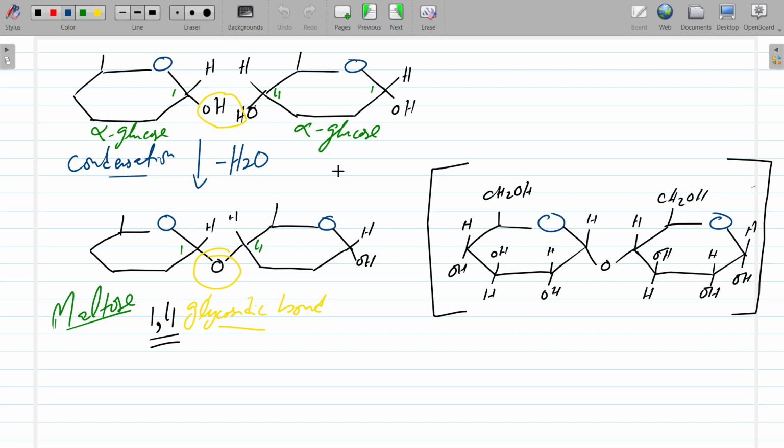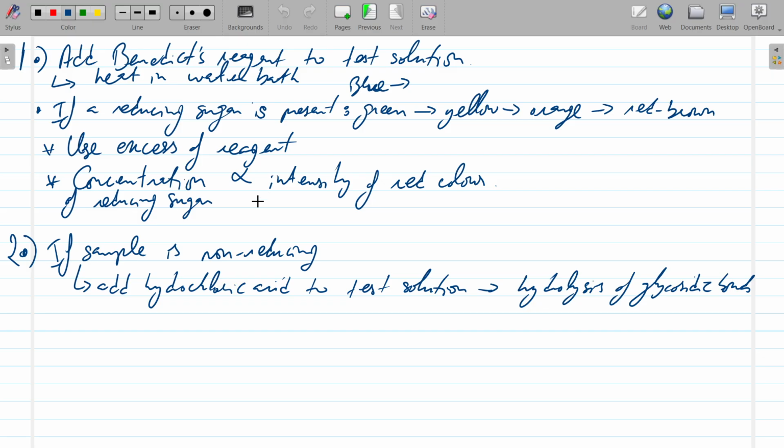If, for example, you had a sample of starch or some other polysaccharide in an aqueous solution, the hydrochloric acid will break it up into its monomers. So you get glucose or fructose or galactose, and we know monosaccharides are reducing. Once you've hydrolyzed it, then we'll carry out the test again.